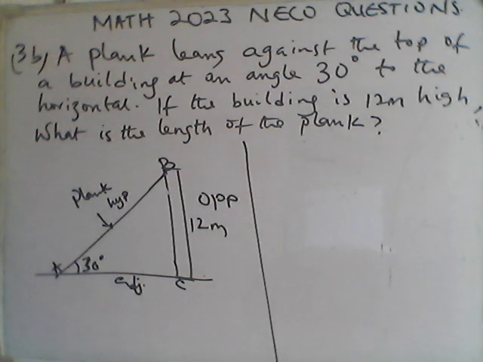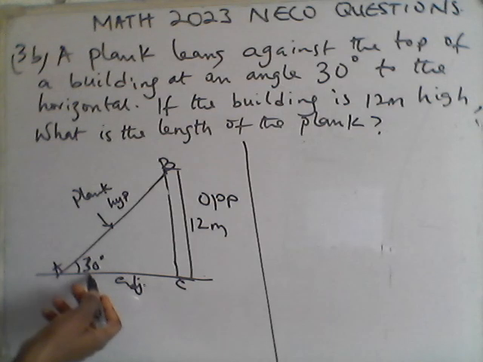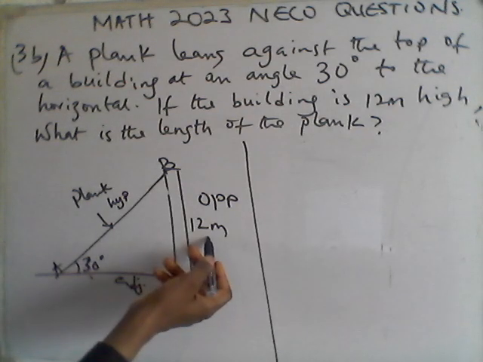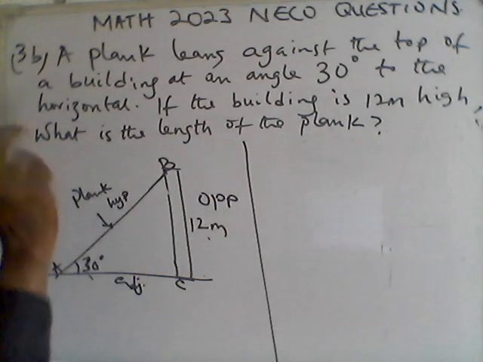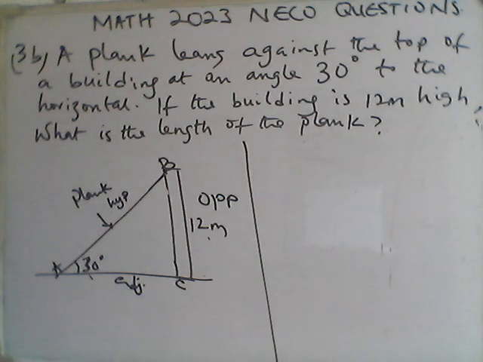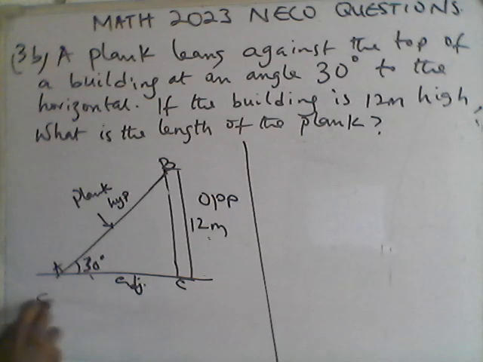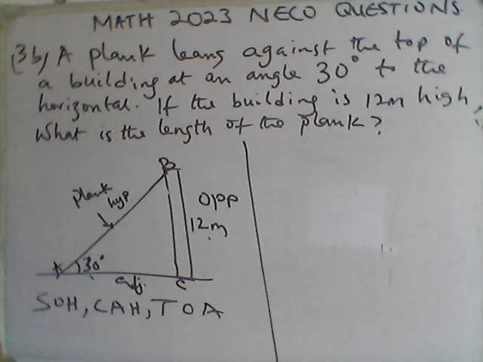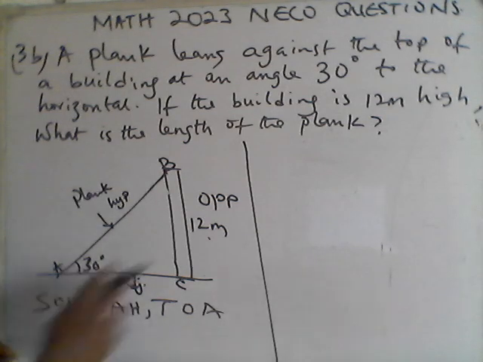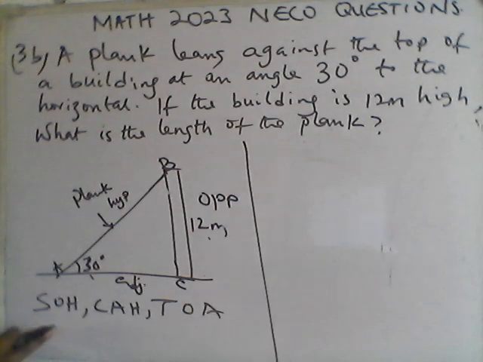Okay, now I have this angle, I have this side, the opposite, and I'm going to find the hypotenuse. So I just have one particular identity to use. From your SOHCAHTOA, which is a way of remembering these identities, you see that the ratio that has both opposite and hypotenuse is sine.